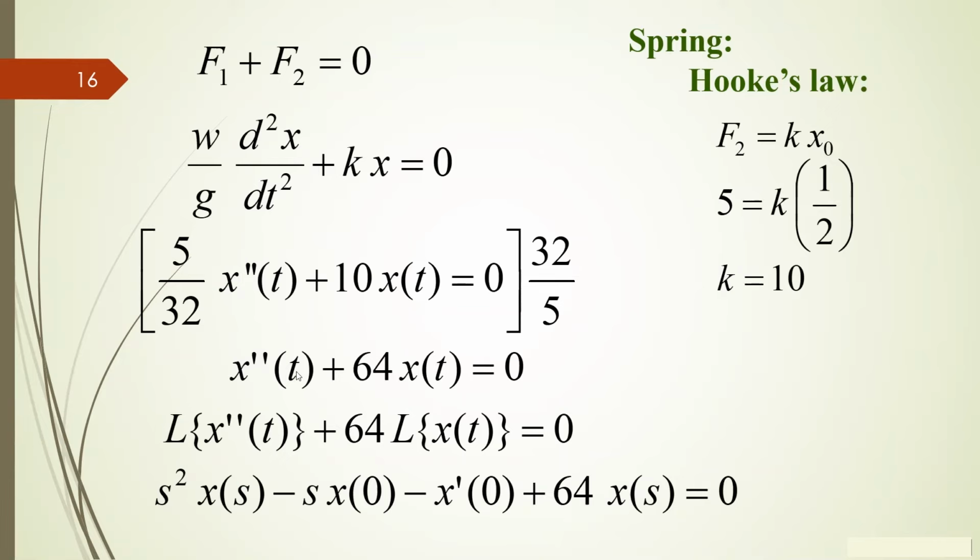And since this is x of t, in terms of t, let's get the Laplace. So the Laplace of this would be s squared X(s) minus x of 0 minus x prime 0. That's for the first term. For the second term, take note, this is not a prime, it's just an x of t. So it's just replaced by X of s.